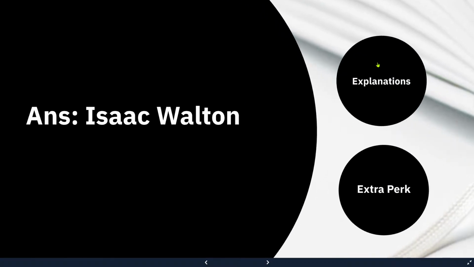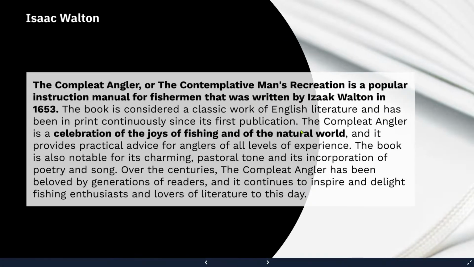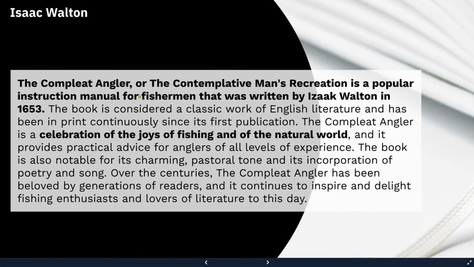And what is it about? We have the explanation for it. The Complete Angler, or The Contemplative Man's Recreation, is a popular instruction manual for fishermen that was written by Isaac Walton in 1653.